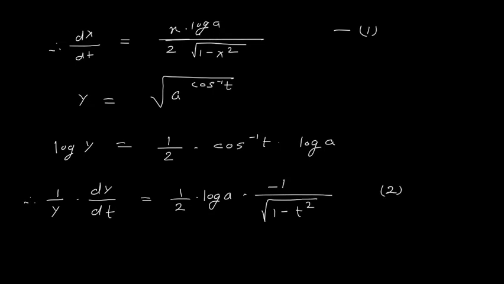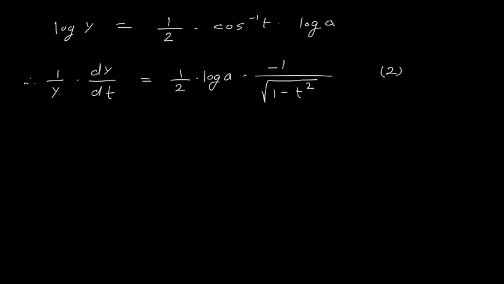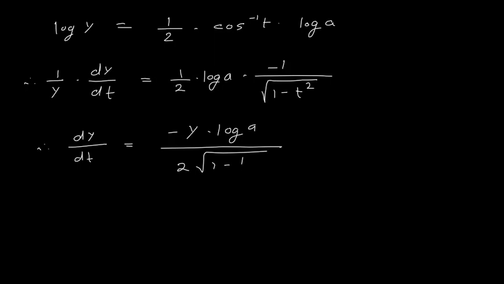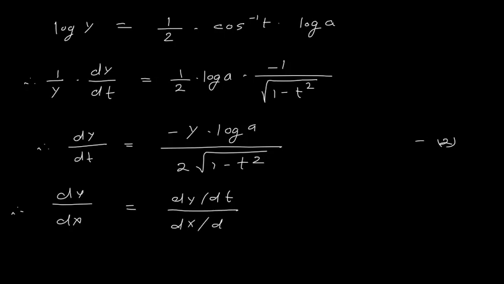This is second equation. Now let us first find dy upon dt and then keep that as second equation. So we have therefore dy upon dt is equal to minus y into log a whole divided by 2 root of 1 minus t square. This is second. Okay, so therefore dy upon dx we will write as dy upon dt whole divided by dx upon dt.